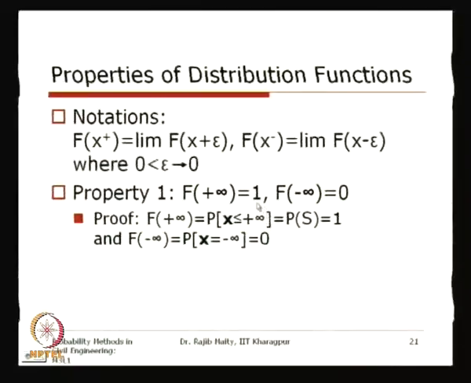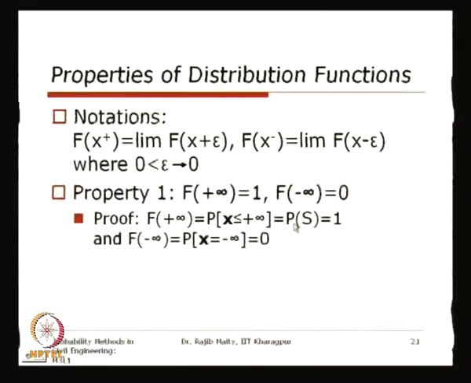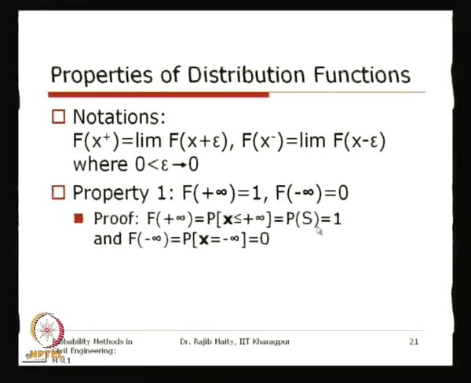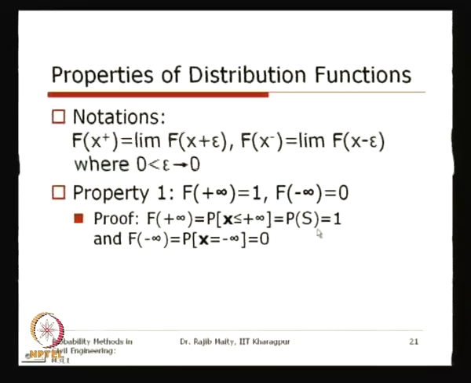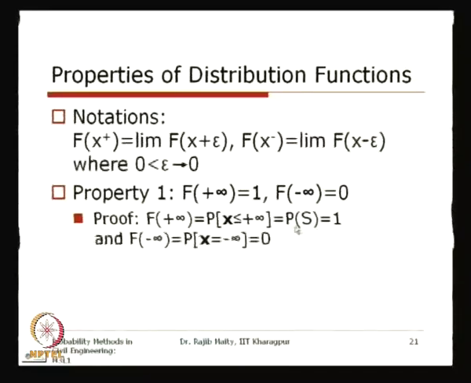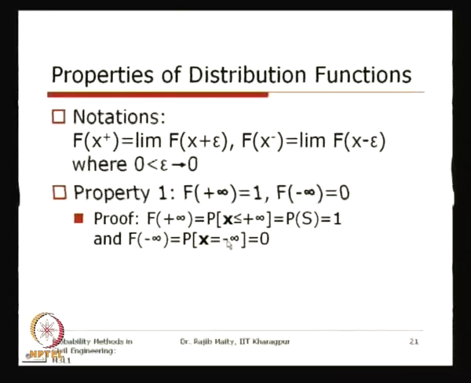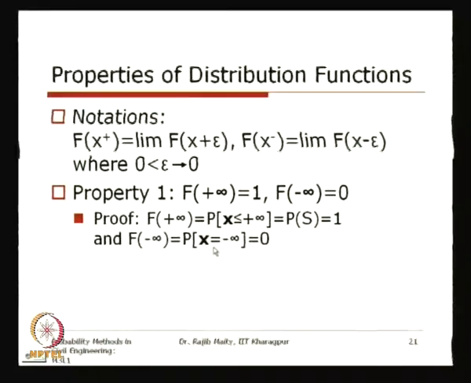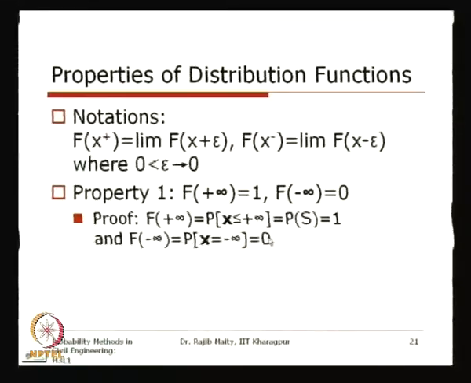That means it is encompassing the full sample space S, and from the axioms of probability we know that this is equal to 1. Similarly, F of minus infinity is the probability of X less than or equal to minus infinity, which is basically the null set. So, the probability of the null set is equal to 0.